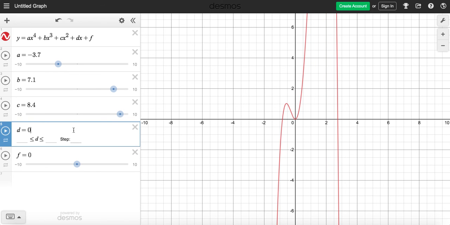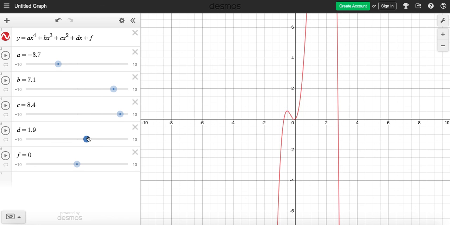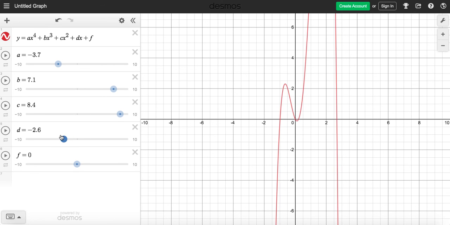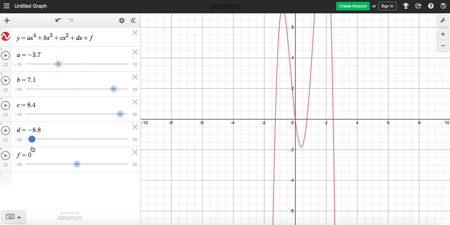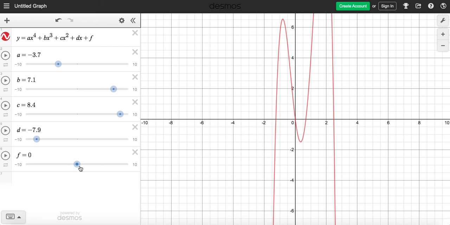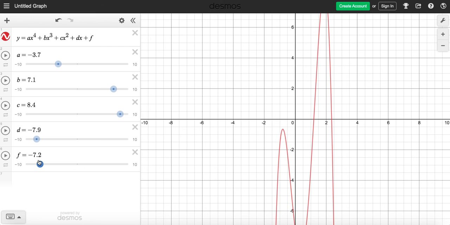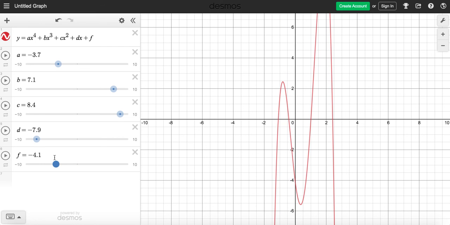D, this should be really interesting. We see this kind of slope thing right where the intercept is, really, and that makes sense. And then F, once again, this last thing is going to be our intercept, the y-intercept.